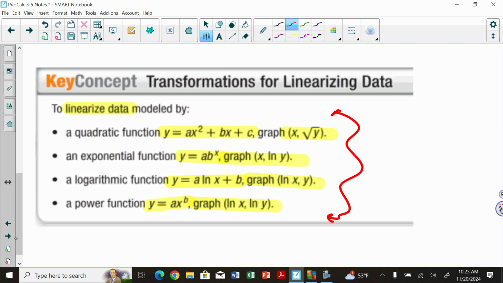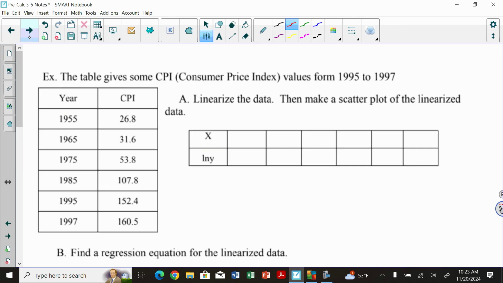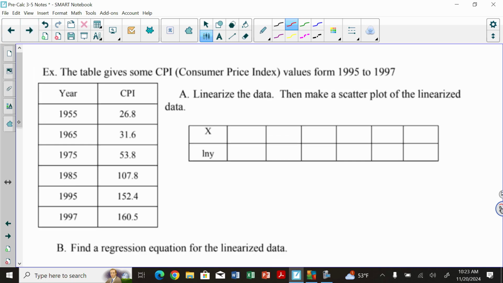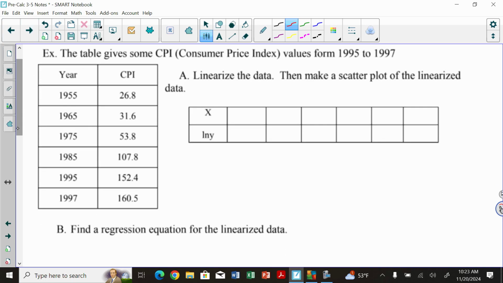Okay? So let's just do a quick example where I can show you. And then, like I said, we'll do a lot of it in class with the calculators, but I'll just kind of show you what we're looking at here. Okay, so this first table gives us some values of consumer price index from 1955 to 1997. Okay, so here's the original data.